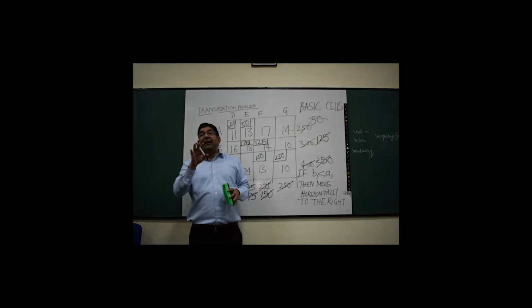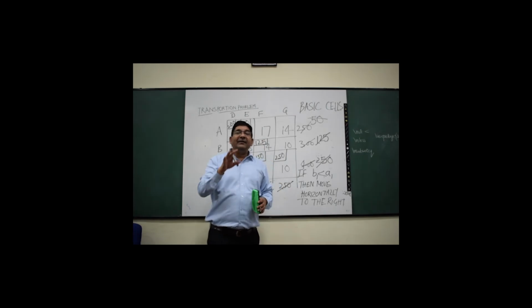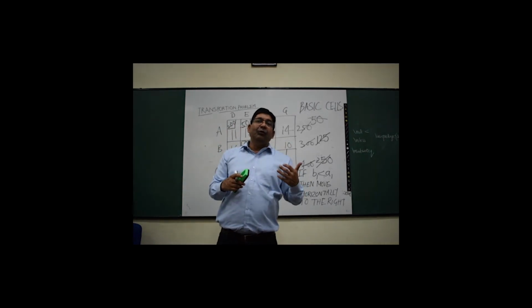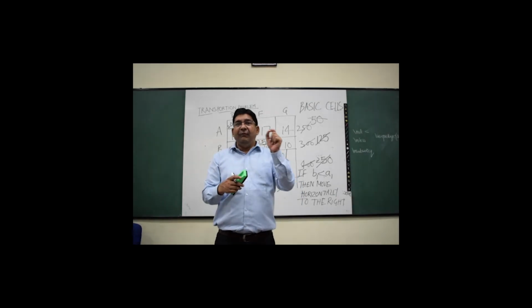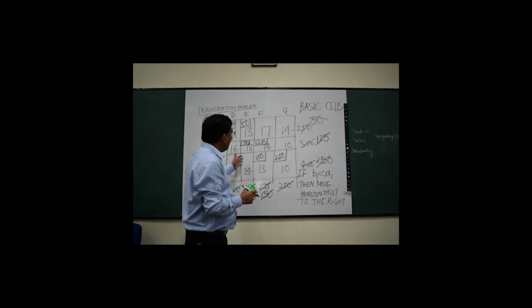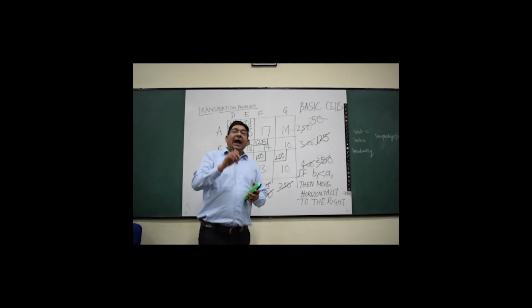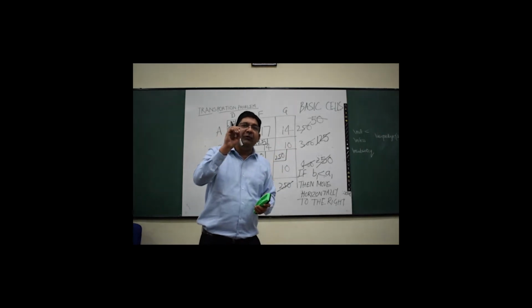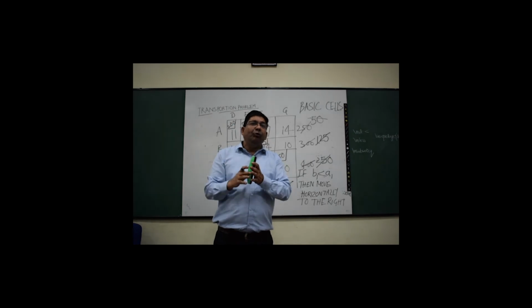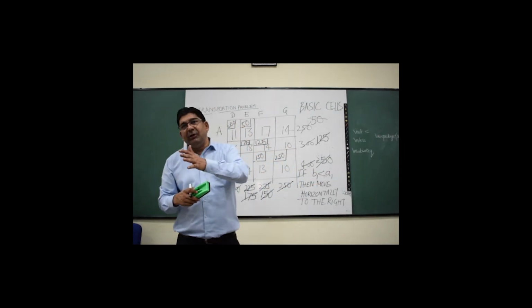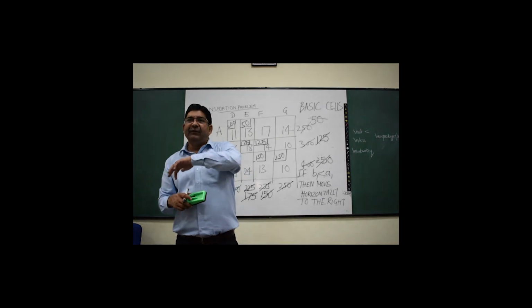If the number of basic cells is less than m plus n minus 1, then we take some cells which are not basic and make them basic by allocating an amount epsilon which tends to 0 to that cell, so that the number of basic cells equals m plus n minus 1.